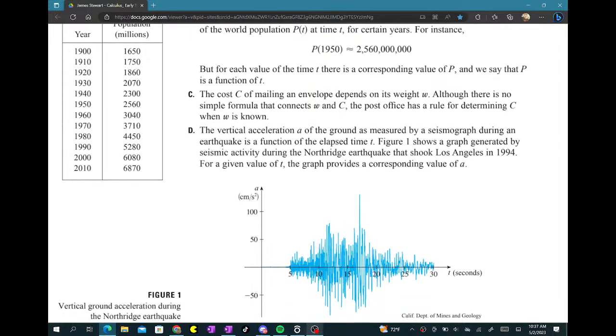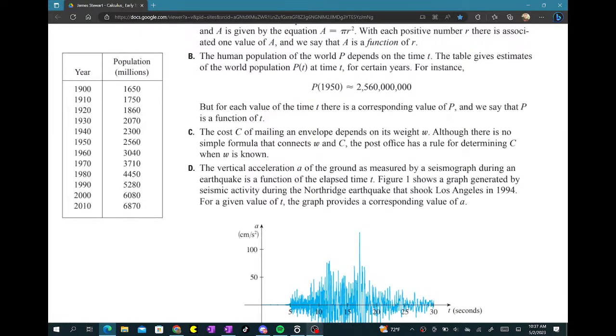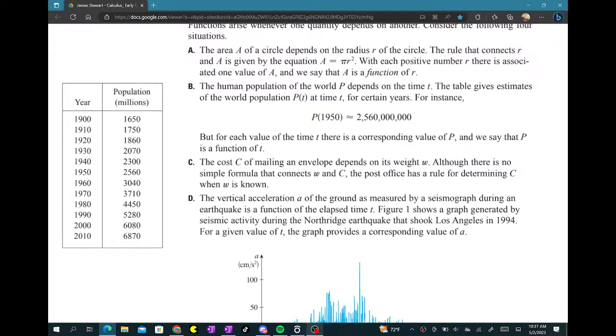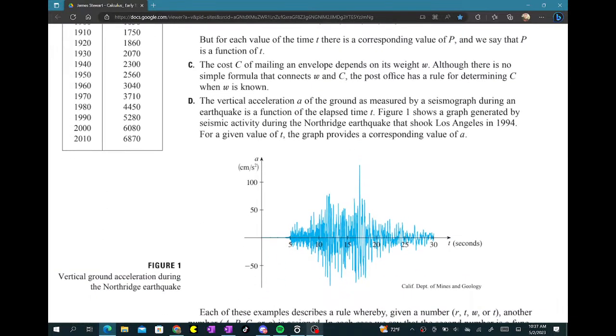And also part C talks about the cost of an envelope depends on its weight. So however much it weighs, C is a function of weight, right? And then part D says the vertical acceleration A of the ground as measured by a seismograph during an earthquake is a function of the elapsed time.